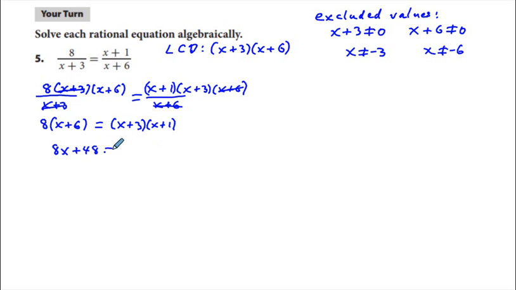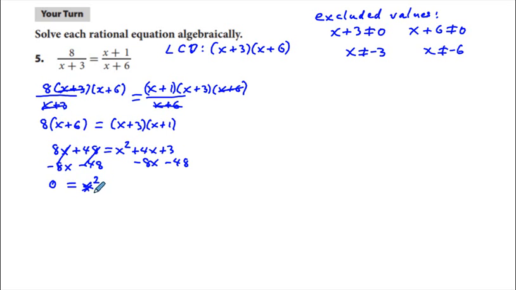On the right side, x times x is x squared, 3x plus 1x is 4x, and 1 times 3 is 3. Next we're going to set the left side equal to 0, so we subtract 8x and subtract 48. We'll do these at the same time.